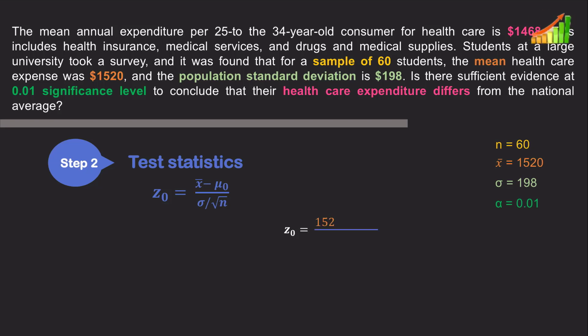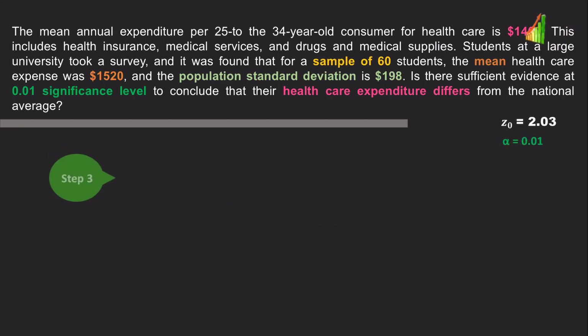So, we can plug these numbers to the test statistic. Here 1468 is the mu naught value. Then test statistic is 2.034.